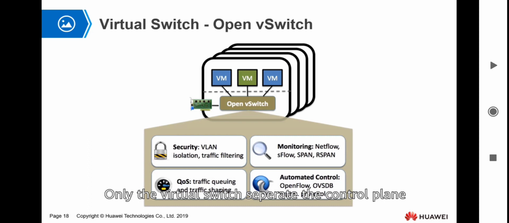Only the virtual switch can separate the control plane and the data plane. Fourth, the virtual switch supports more protocols. Another point is that virtual switches are suitable for more scenarios. Furthermore, it is suitable for Xen, KVM, VirtualBox, VMware, and many other hypervisors.